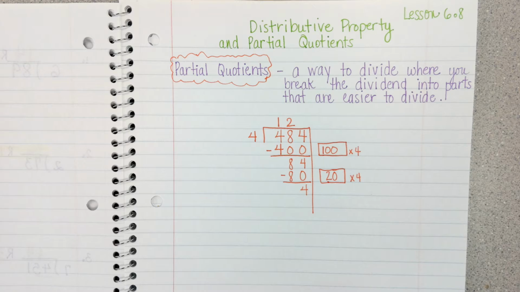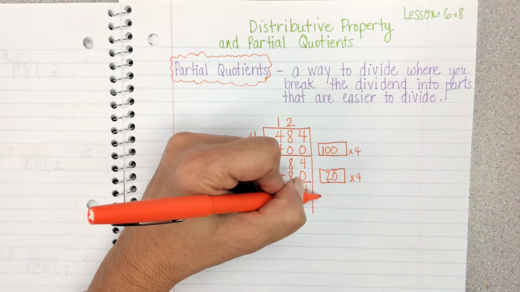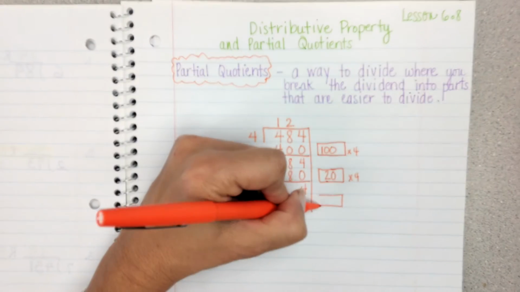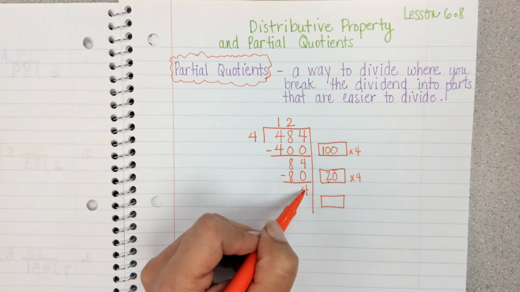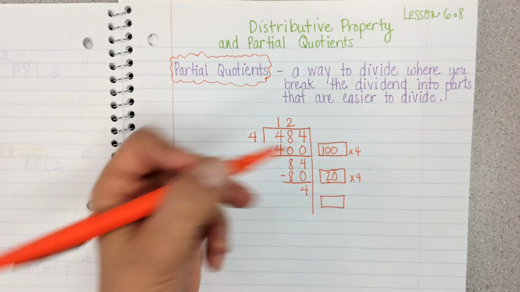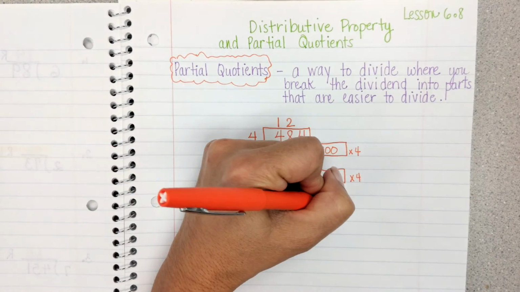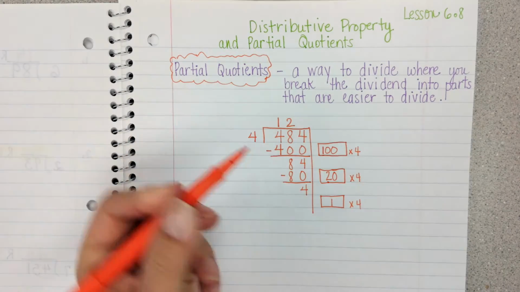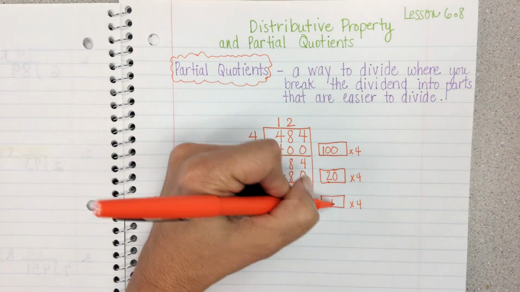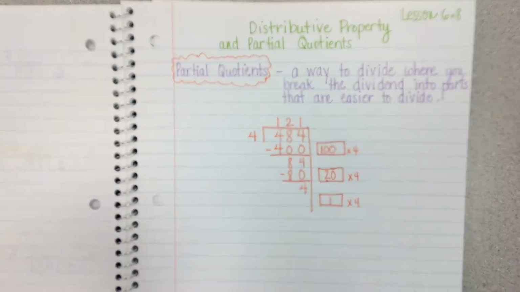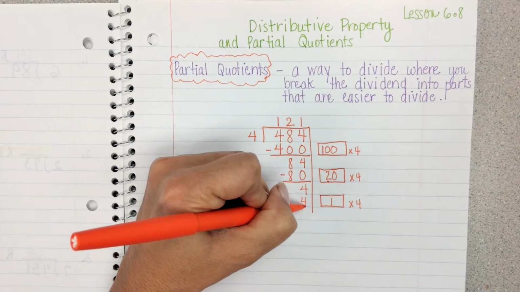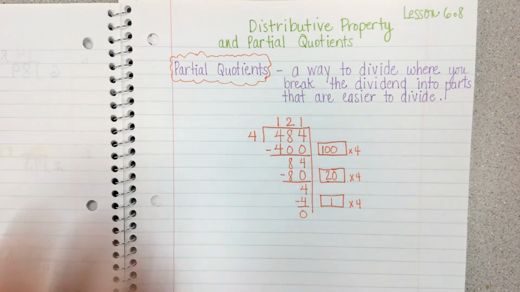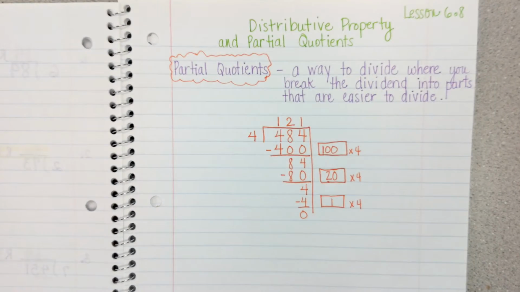And now we just have to worry about the ones place. Four times something equals 4. All right, yes, it's 1. So the quotient is 1 in the ones place. 4 times 1 equals 4, and I don't have a remainder.